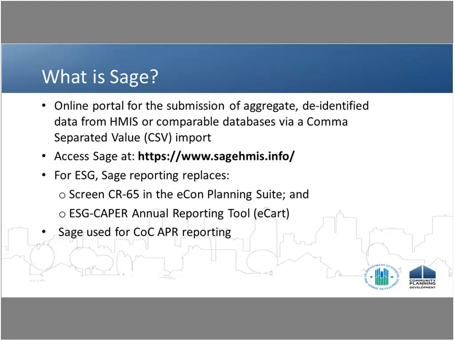So if you choose to report in Sage, you no longer need to fill out screen CR65 with manual data entry, and you no longer need to collect all of your subrecipient CSVs and upload them manually into Ecard. We'll explain how that exactly works in Sage. And Sage, as I mentioned, is already being used for CoC APR reporting. Next slide, please.